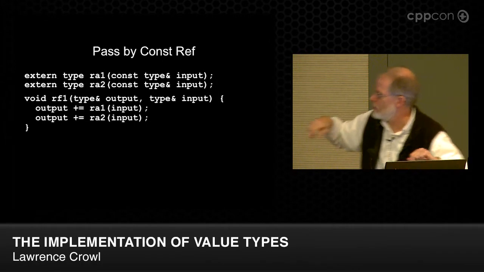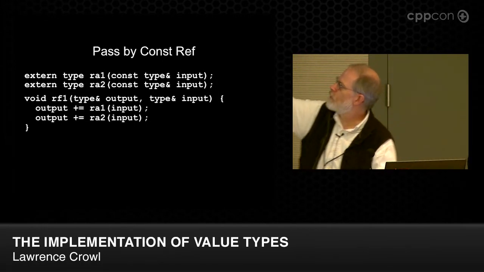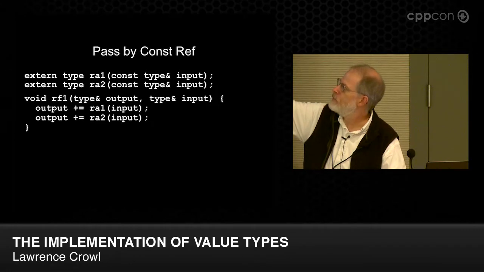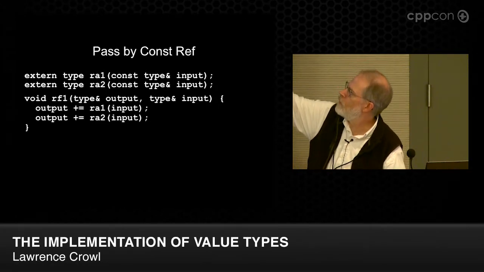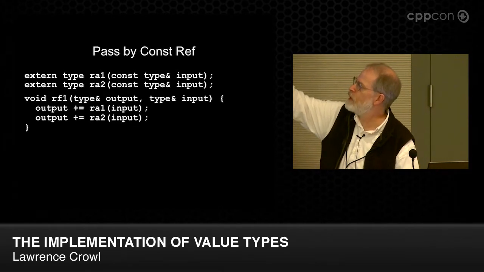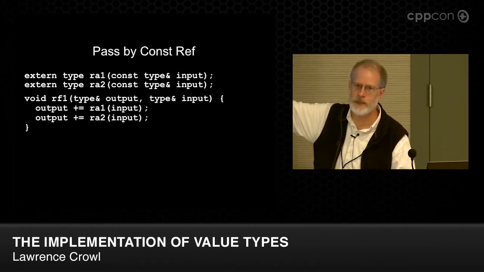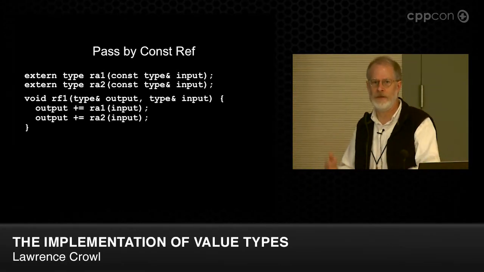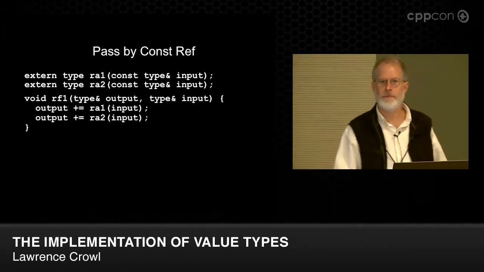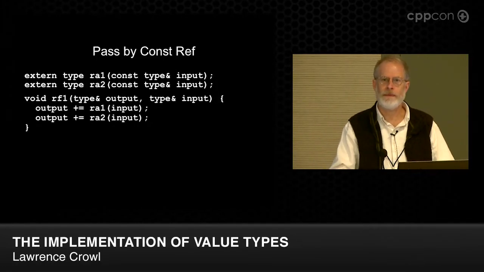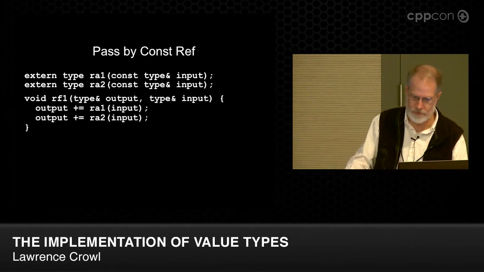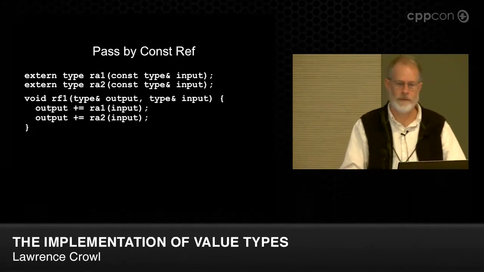So what's happening here is the first line of the body is changing output, but that means it's also changed input. So in writing RF1, most people would not expect their input parameter to change. But because of that aliasing, it has now changed, and you end up tripping over yourself. So the input one should have had the const qualifier. That's a typo on my part.